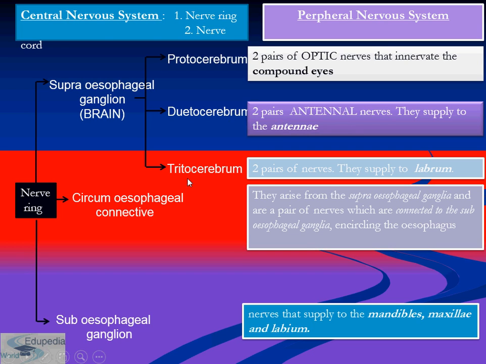Then the tritocerebrum has two pairs of nerves that supply the labrum, the lip portion. The circum-esophageal connective arises from the supra-esophageal ganglion, connects to the sub-esophageal ganglion, and encircles the esophagus entirely. The sub-esophageal ganglion supplies nerves to the mandible, maxillae, and labium.